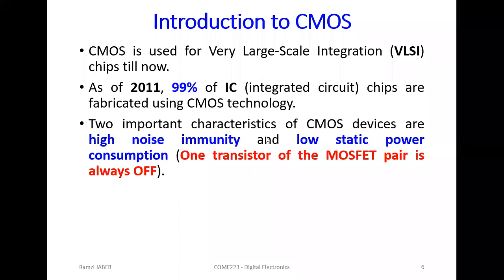As you can imagine, in a CMOS circuit, only one transistor of the MOSFET pair, NMOSFET or PMOSFET, is on at a time. We will not see the PMOSFET and NMOSFET turned on at the same time. One of them is turned off, and one of them is turned on. That's why the CMOS transistor has very low static power consumption compared to other transistors.